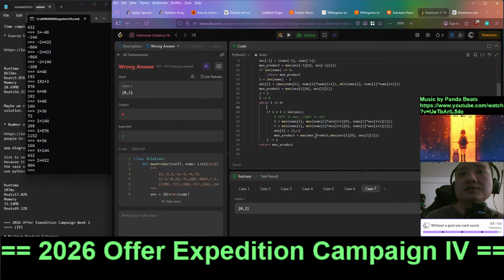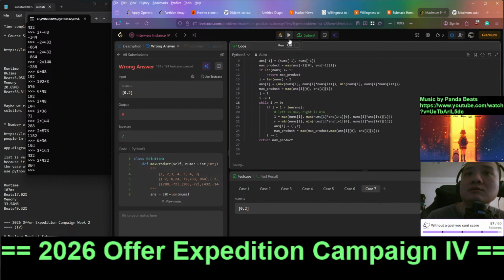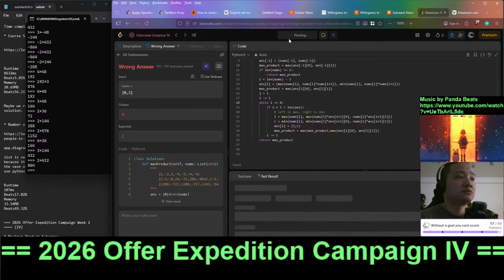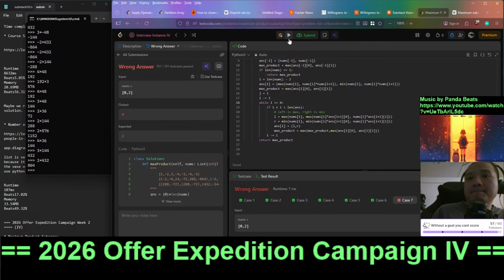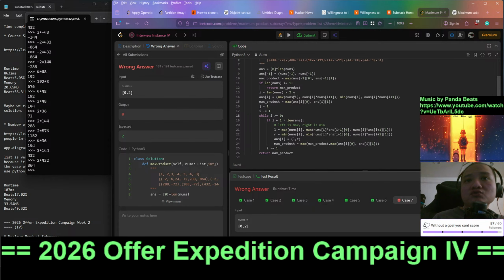We don't need this, huh? Okay, so if we have 2, if length is equal to 2, then basically this is this, or 0, 0, right?